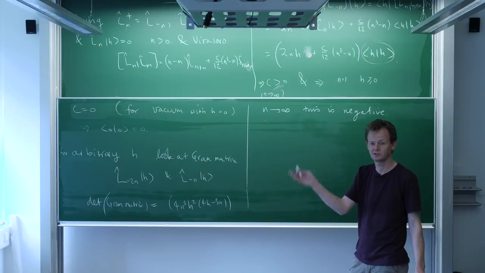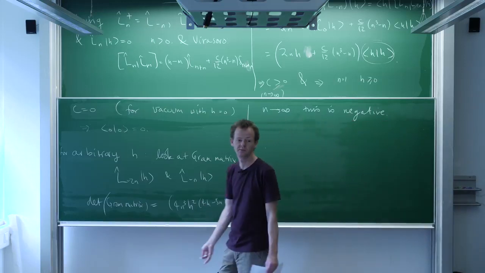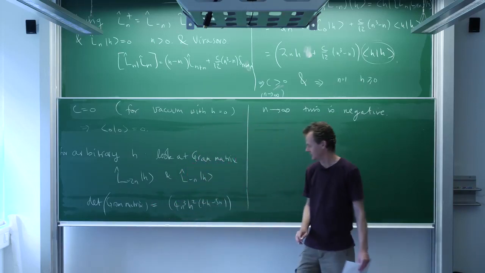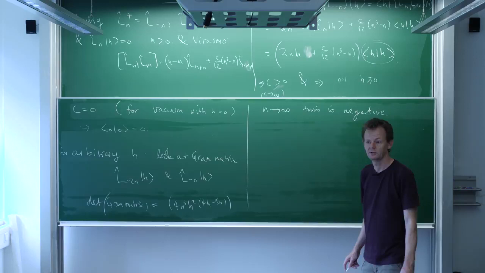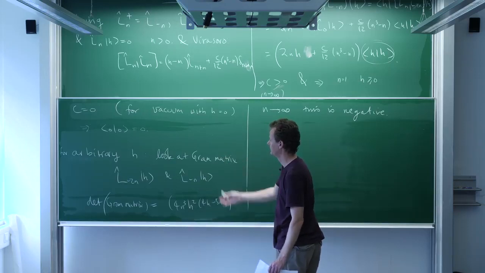The gram matrix, which is just the matrix of inner products, should be a positive matrix, so the product of its eigenvalues should be positive, but the determinant, which is this, goes negative when n goes to infinity. So the only possibility is that the inner products of all these vectors is 0.